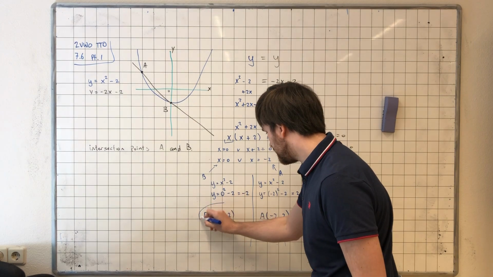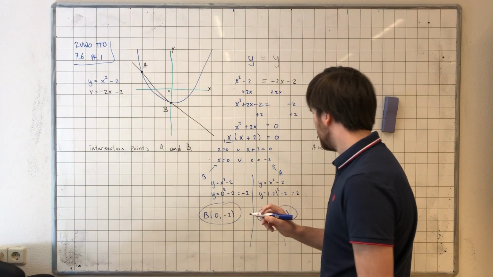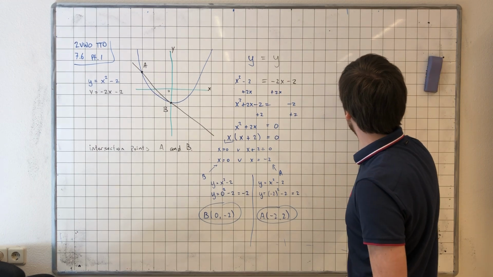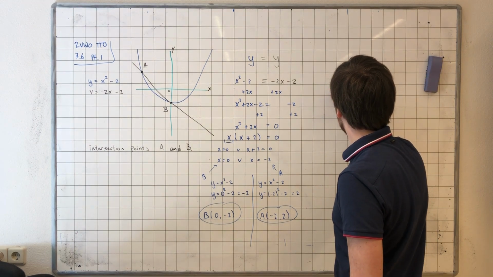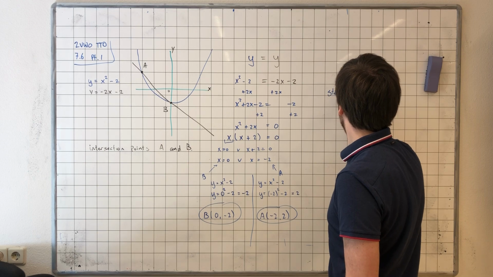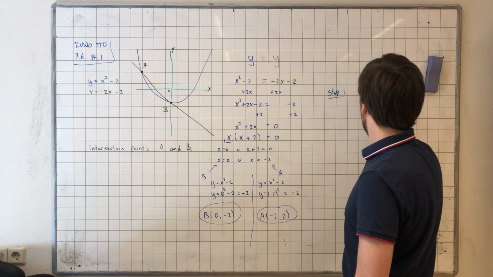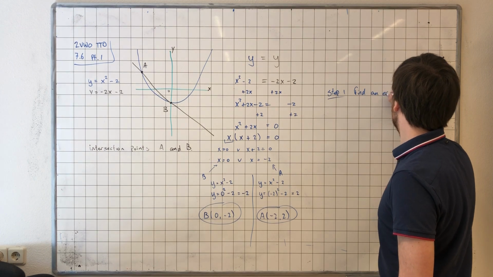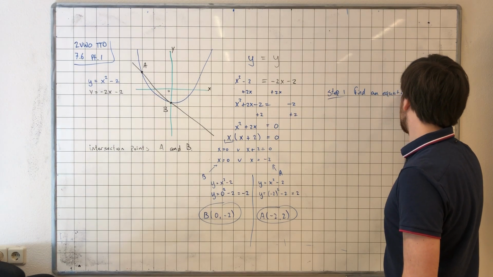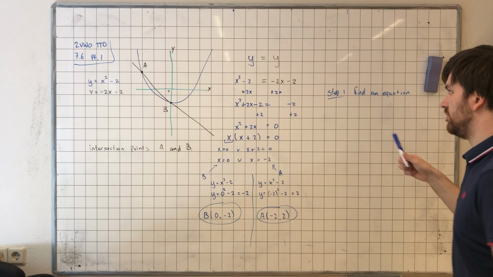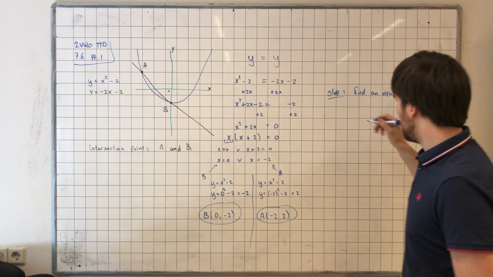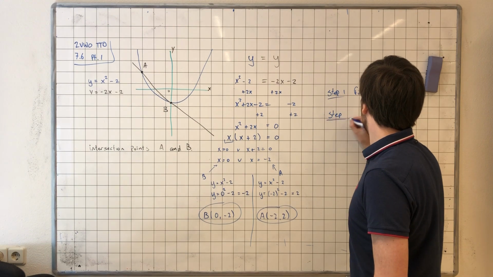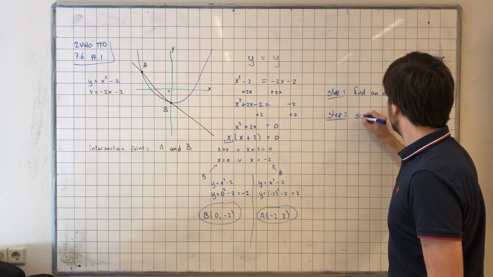So those are the intersection points. What did we do? If you want a step-by-step manual, step 1 was to find an equation, actually the correct one, but you know what I mean. It's finding this. Step 2 is solving the equation.